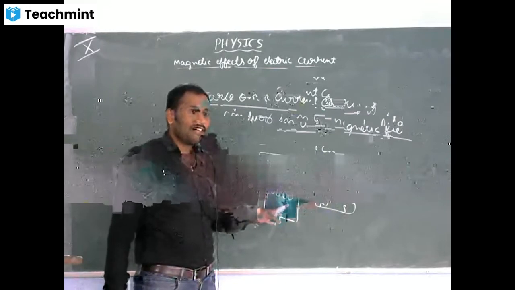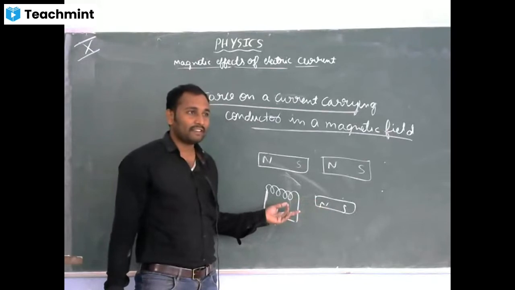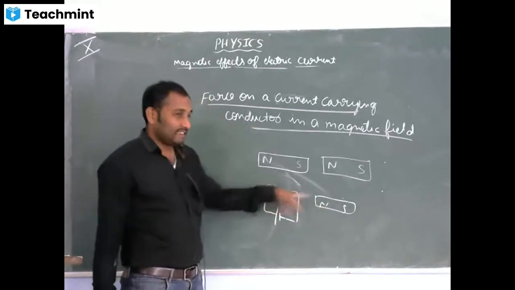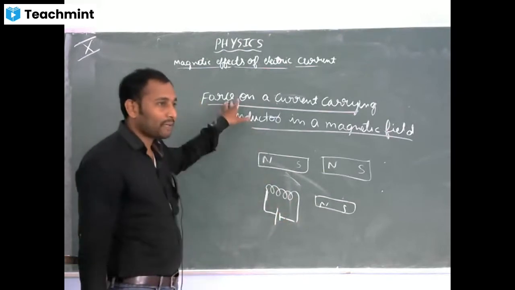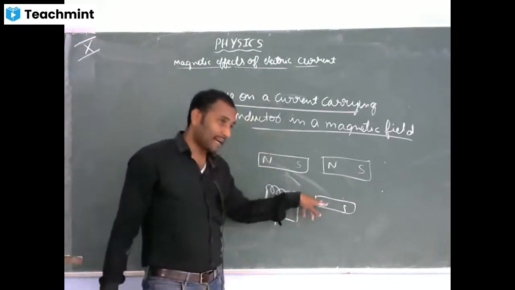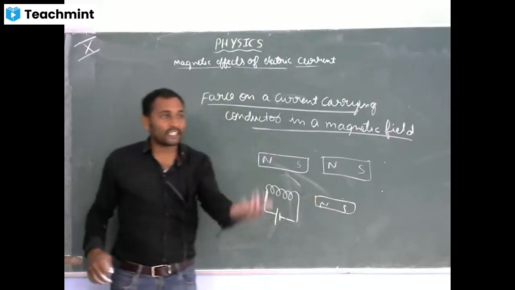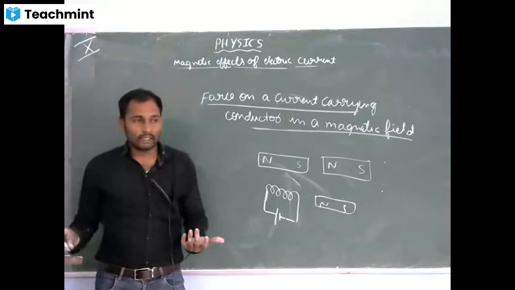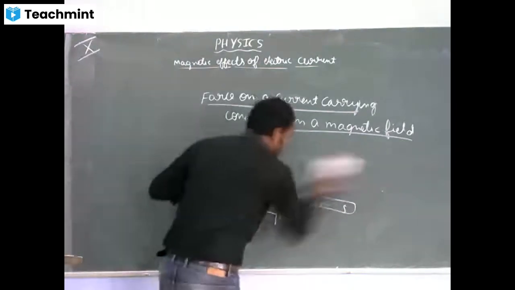They repel each other or attract each other depending on the poles, right? So there exists some force. That force only we are talking about: force on a current carrying conductor in a magnetic field. With the presence of a magnetic field, the conductor will experience some force. Is it clear? For that, we are going to do one activity.